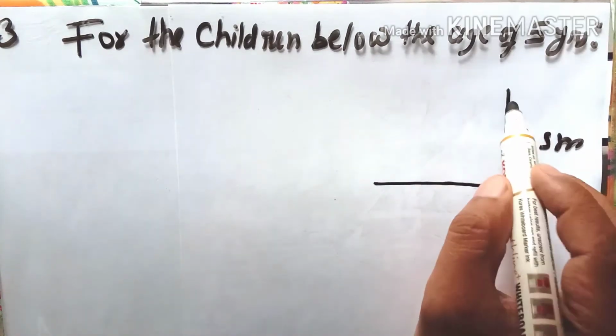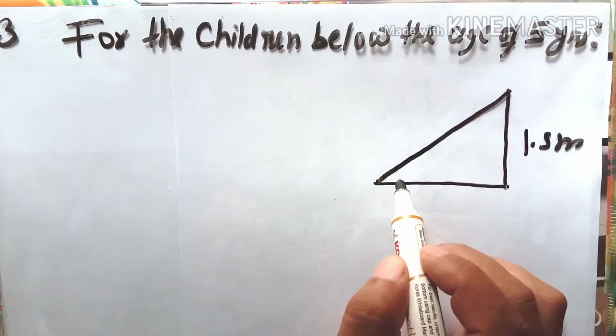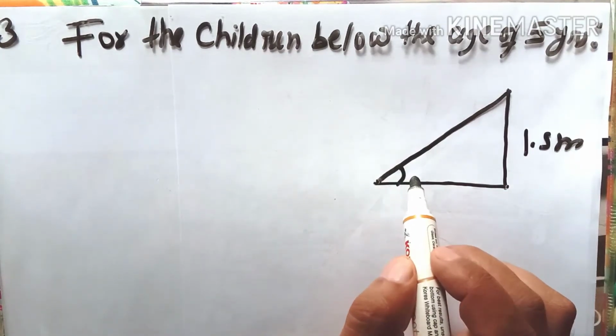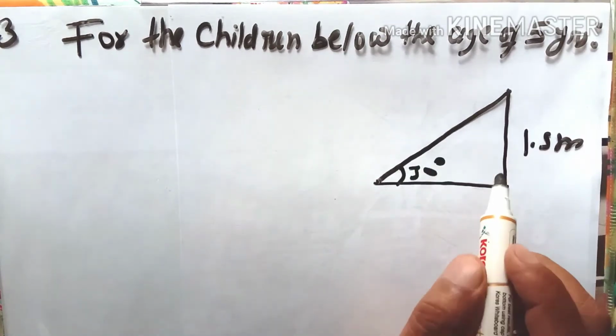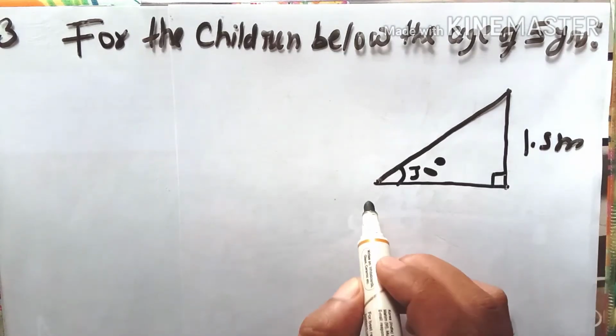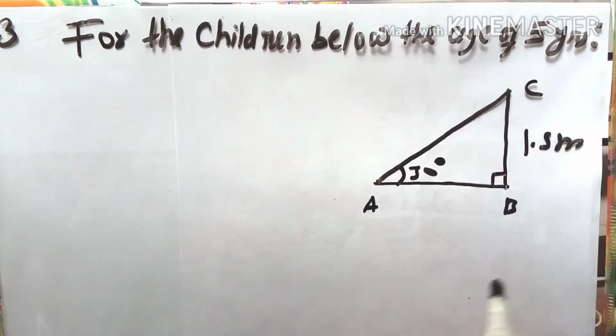So now we can place here a slide. The angle made or inclined with the ground and the slide here is given, that is 30 degree. So 30 degree. So now here always right angle, and after that here we can label letters A, B, C, C is a right angle.